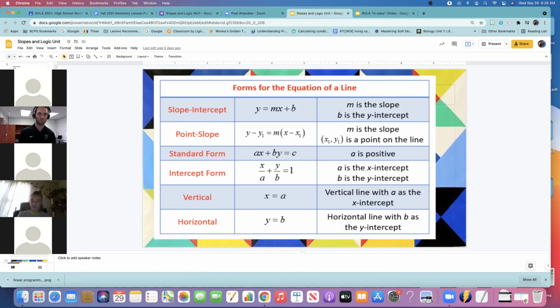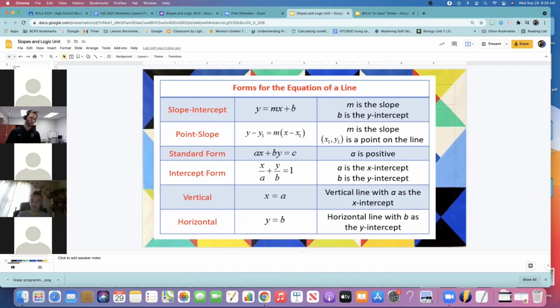So I hope everybody has a comfortable working relationship with slope-intercept form. We're gonna start using point slope form in this unit. It looks a little bit bigger, but it's actually pretty easy, and a lot of kids end up liking it. It's probably my favorite way of expressing a line.